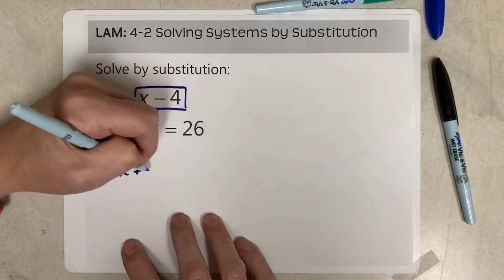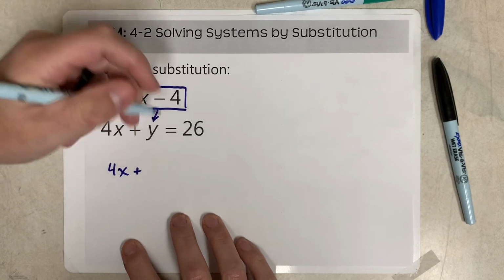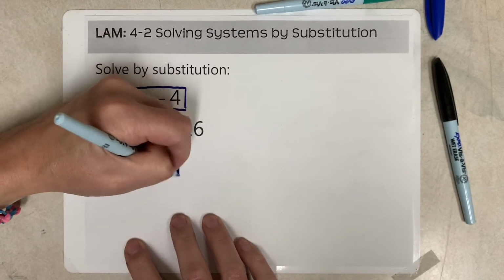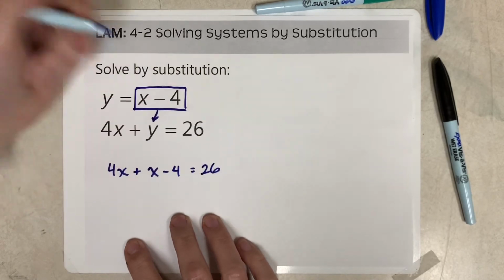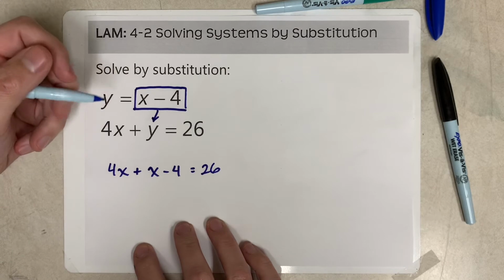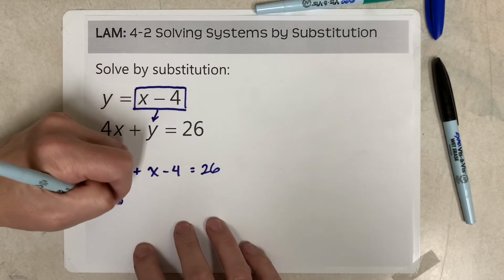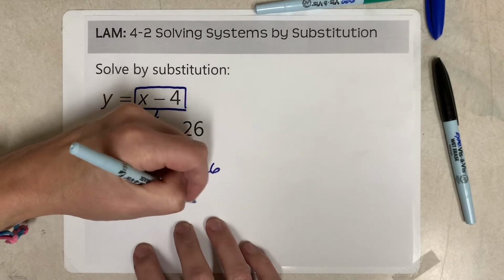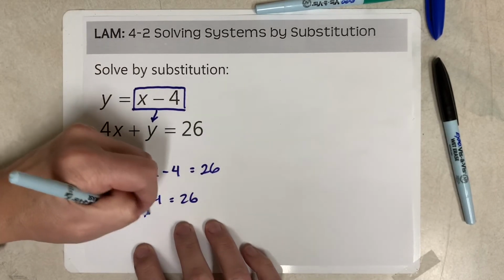And you can use parentheses if you want to. They're not really going to hurt you here because there's nothing in front of the y. x minus 4 equals 26. And we solve. 4x and another one make 5x. So we got 5x minus 4 equals 26. Add 4 to both sides.